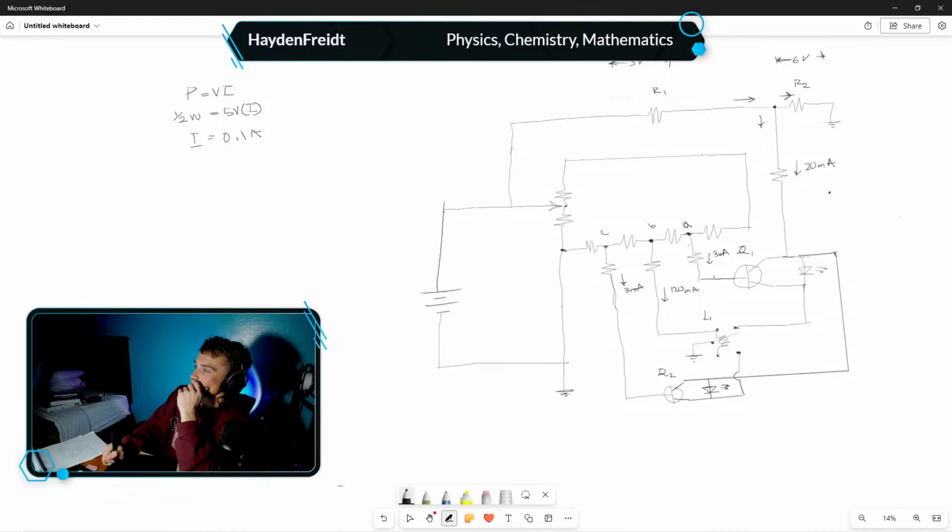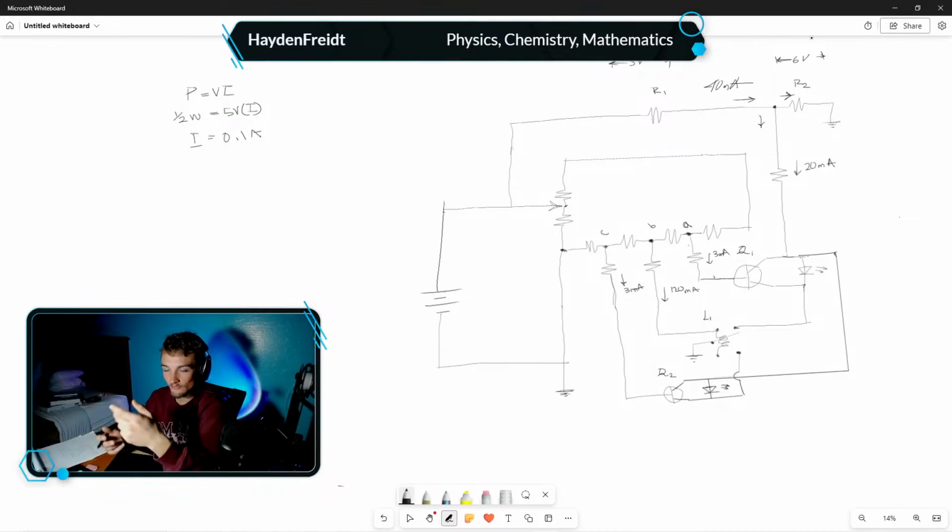So now 20 milliamps. Whatever, we'll just run 40 milliamps into this portion of the circuit, and then 20 milliamps here. Okay, so I guess we can determine our value of resistance.